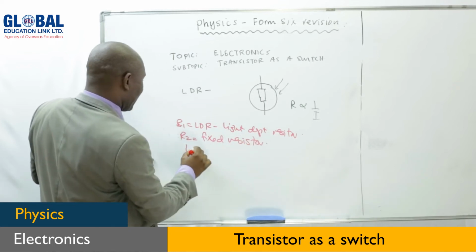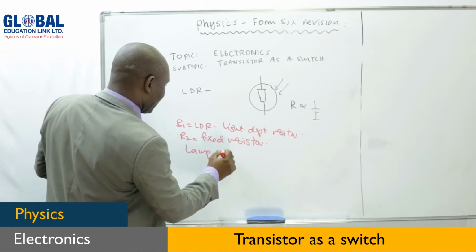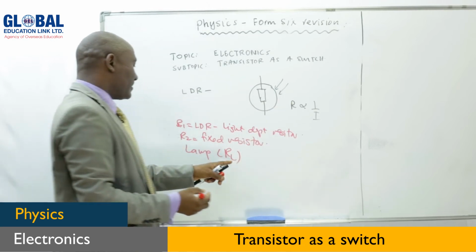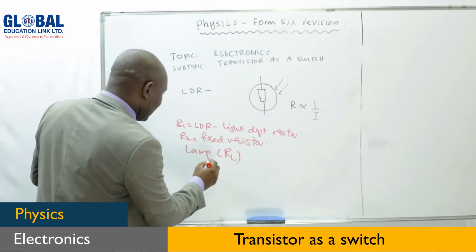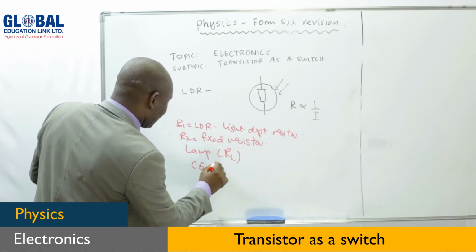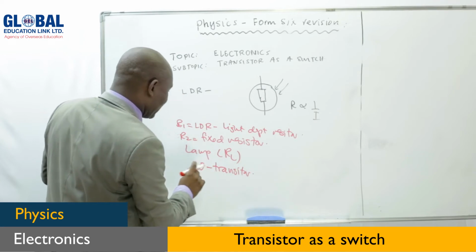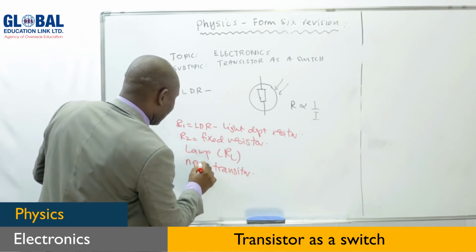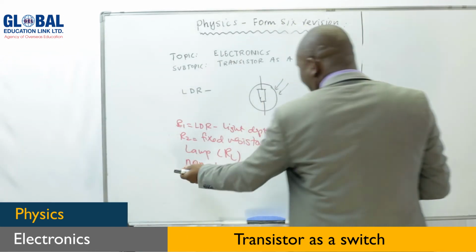Then you have the lamp, which replaces the output resistor, and the common emitter transistor. Common emitter here means an NPN transistor. You can use NPN or PNP, but I prefer using NPN.